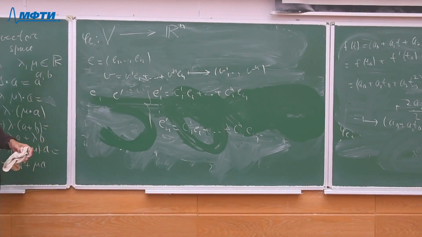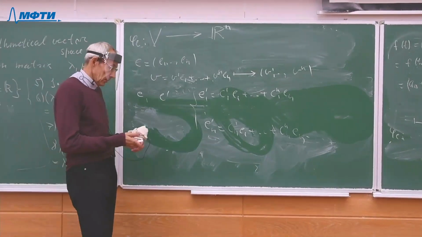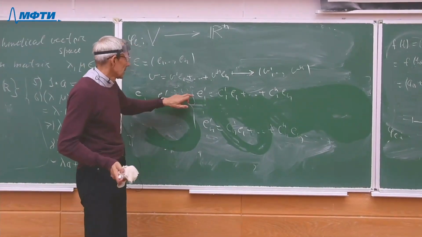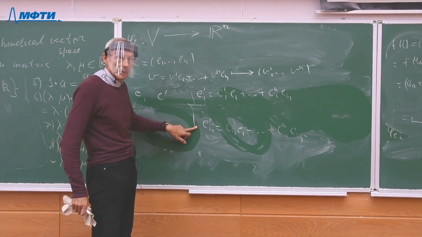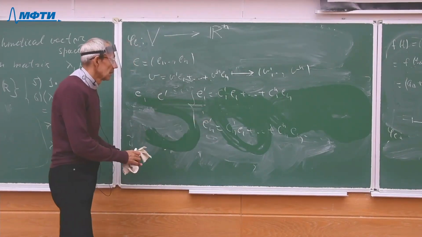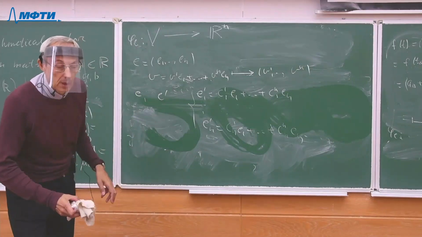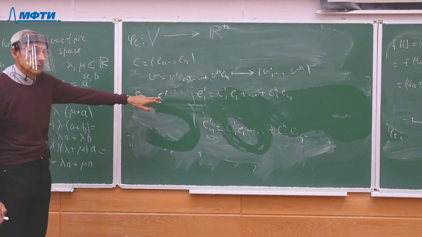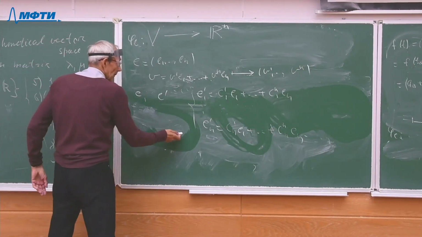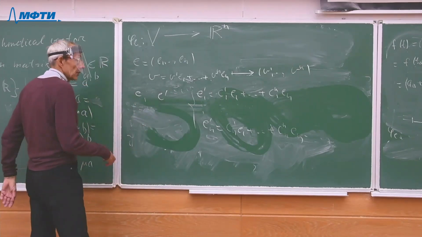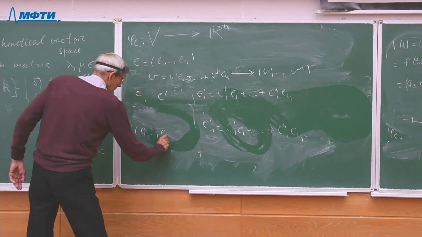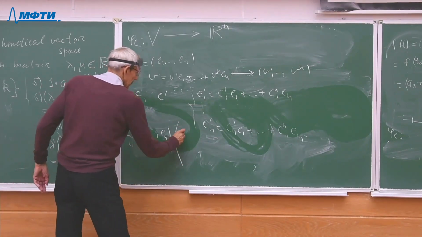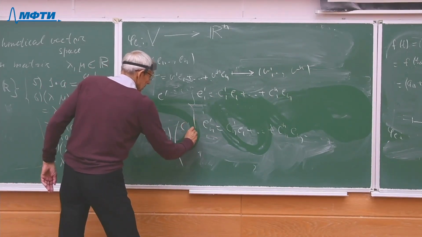I have the following formula. We express the elements of the new basis in terms of the old basis, and we write this system of linear equations in matrix form. I use this matrix.